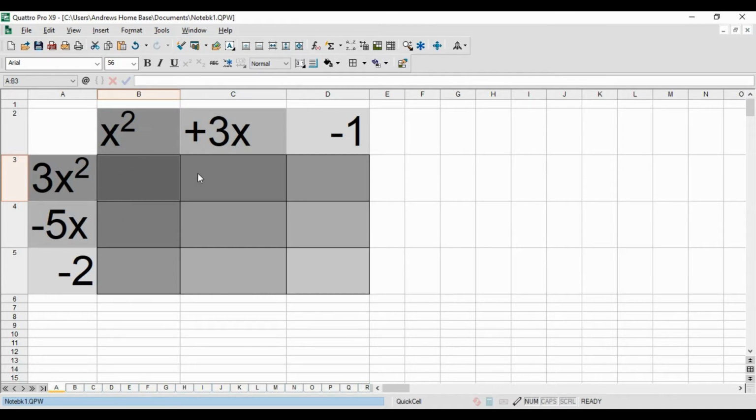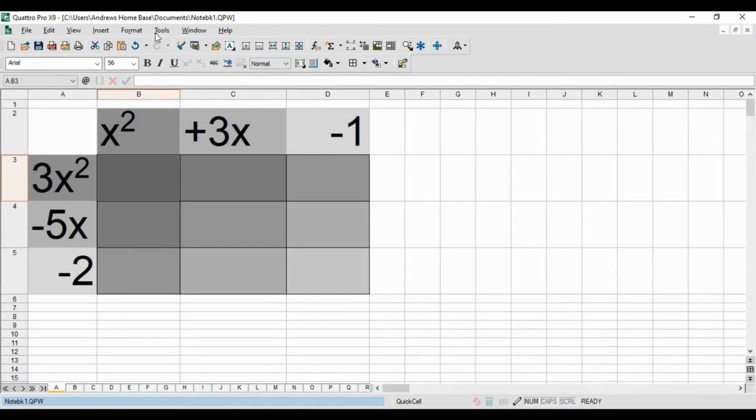But when you draw out your grid, you have a one-to-one correspondence of the product that's going on. So in this first cell, this is x squared times 3x squared, and you can pick any cell. This cell down here is in the 3x column and in the minus 2 row, so I'm going to multiply those two terms together.